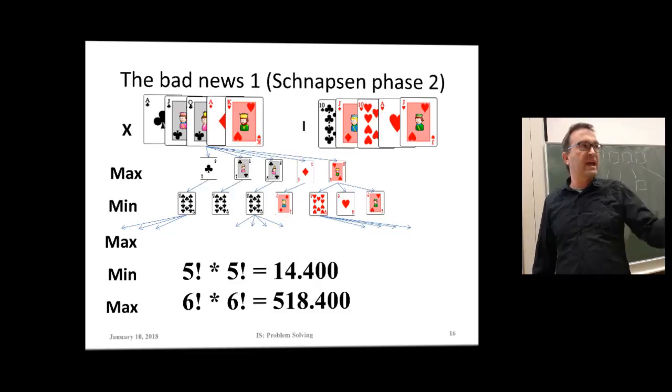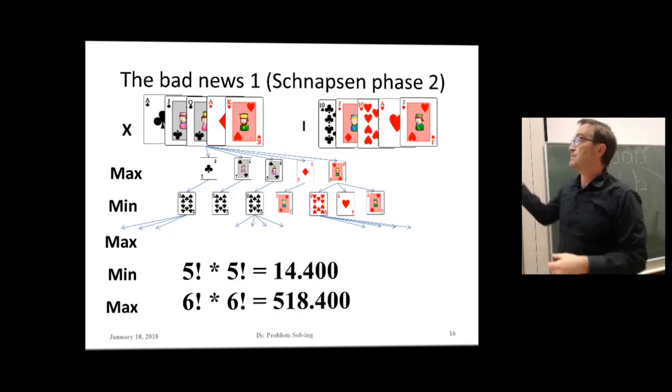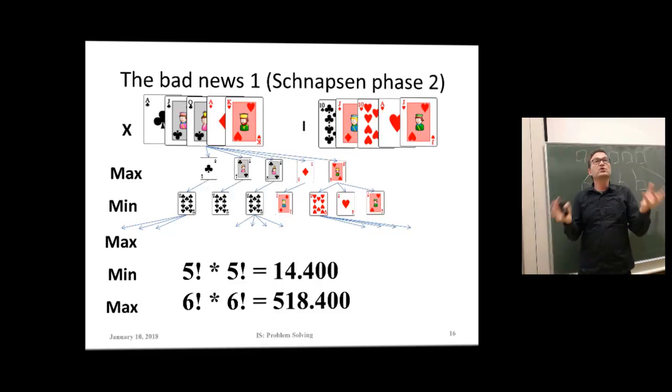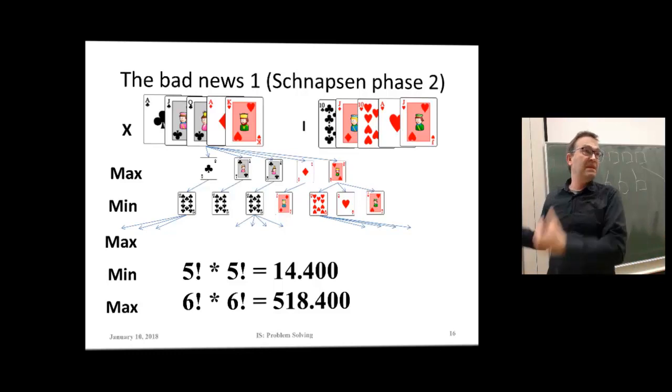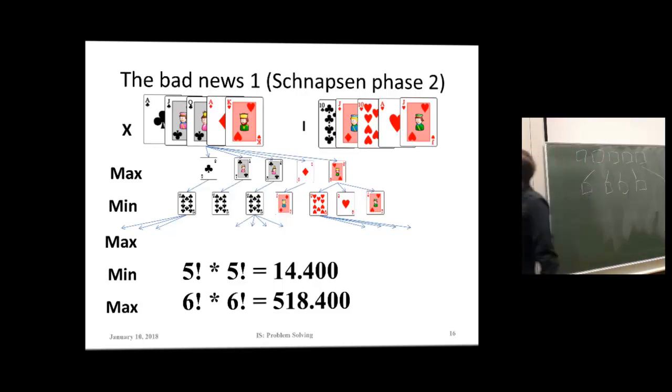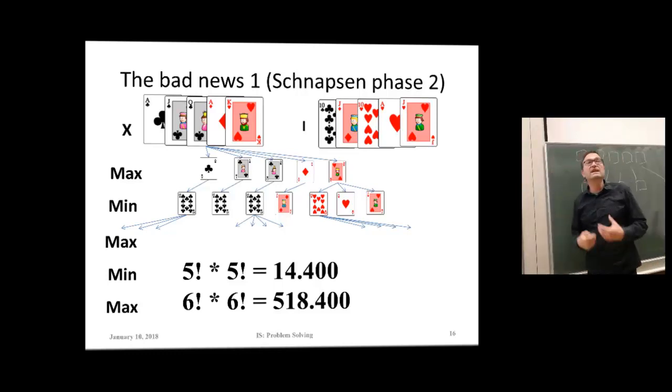But we could also go to phase 2 and then do the full min-max calculation. And then we talk about hundreds of thousands of times applying the min-max algorithm. And then if you have this size, whether you have to calculate 14,000 nodes or 500 really makes a difference.